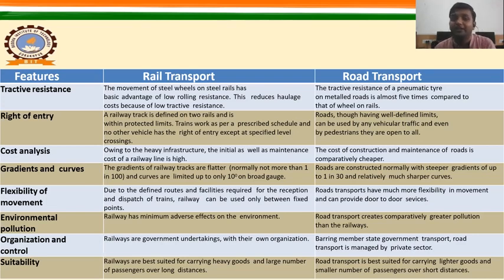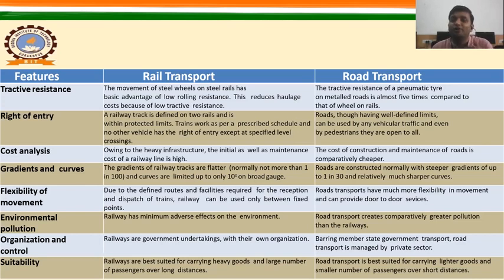Now, right of entry. A railway track is defined on two rails and is within a protected limit. You have to travel on those particular rails only. It has been defined that this is your path. Trains work as per a prescribed schedule, and no other vehicle has the right of entry except at specified level crossings.